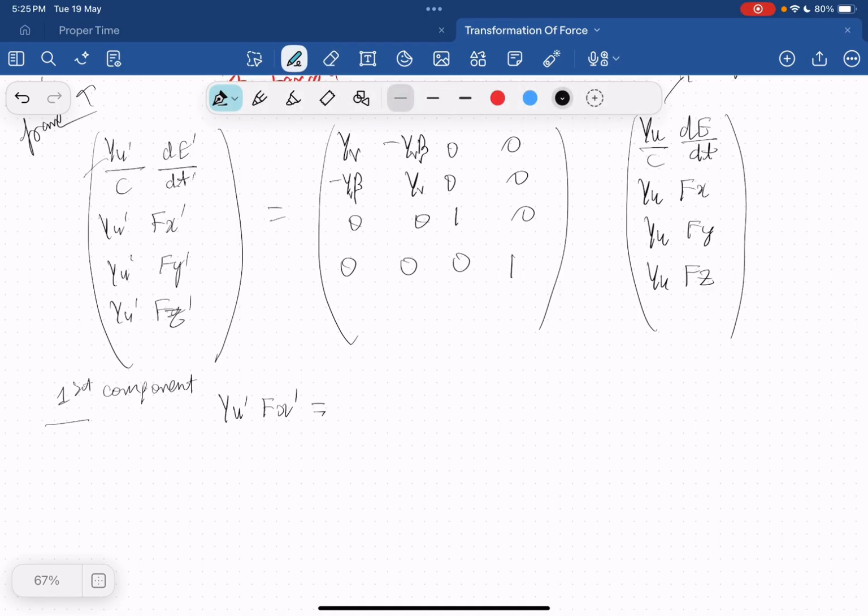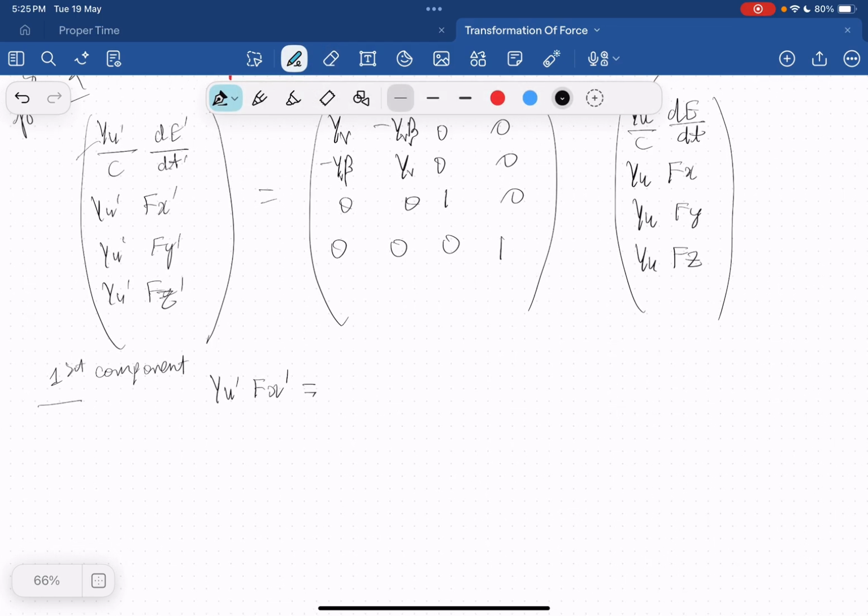So we can write this thing now as minus gamma v beta times gamma u by c dE by dt plus gamma v gamma u fx. Okay, this is the thing.